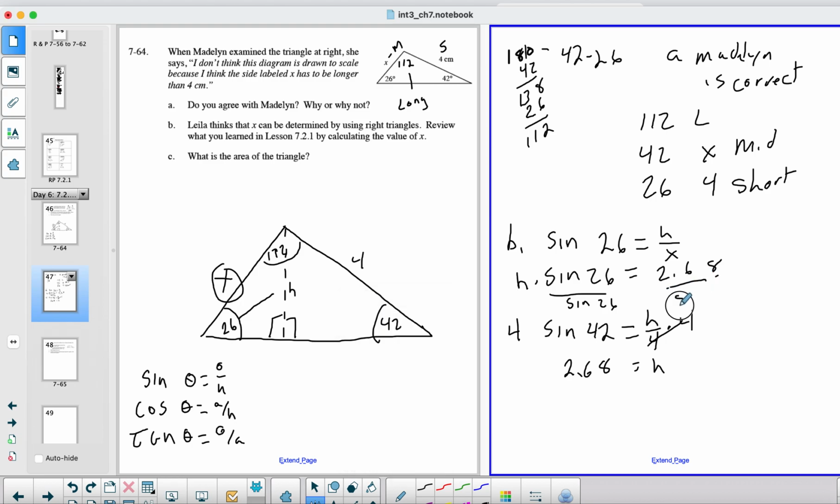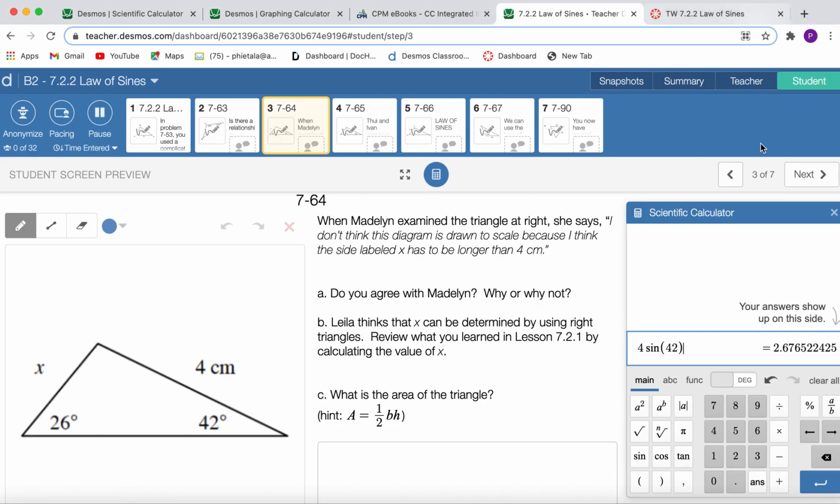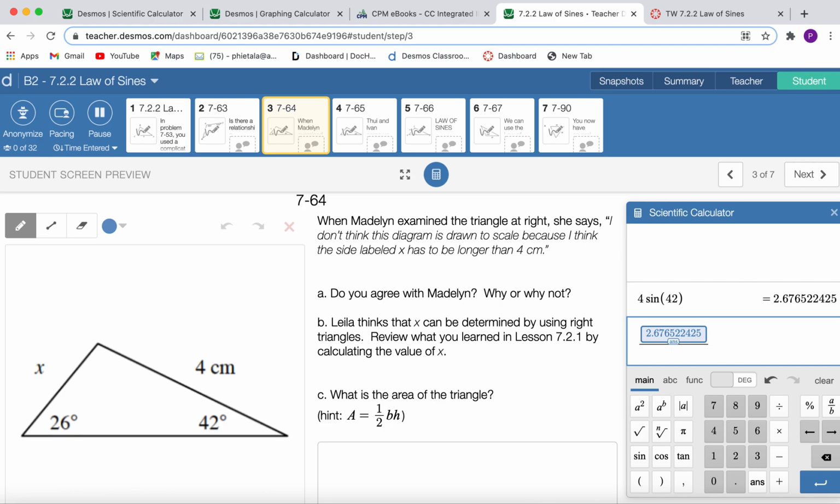Divide by sine 26. I can type all this into my calculator. I have 2.68, and I'm going to make it more precise and hit answer, divided by sine of 26. So I get 6.11.